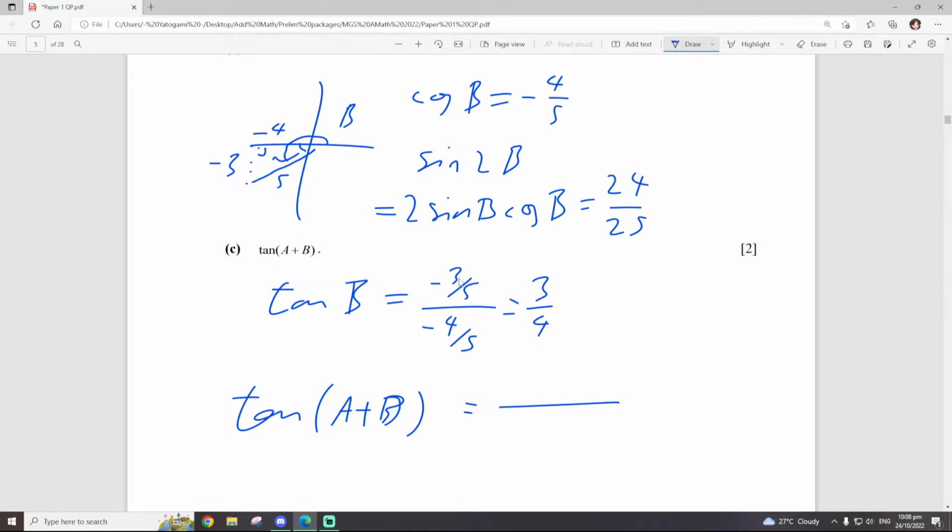So that will be 5 over 12 plus 3 over 4. Then 1 minus the product of tangent A and tangent B. And then you can work out what this is.